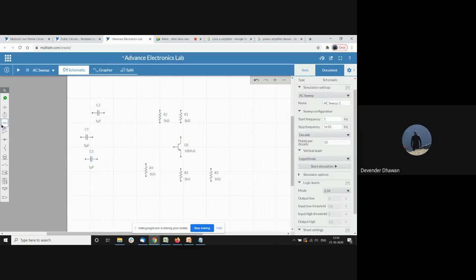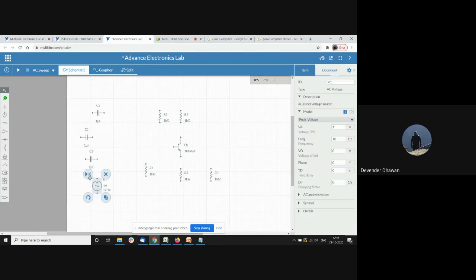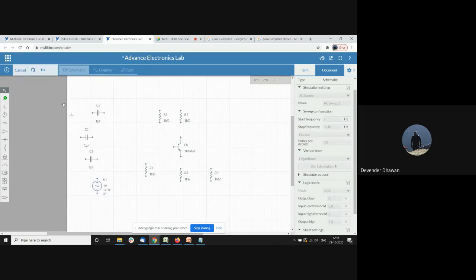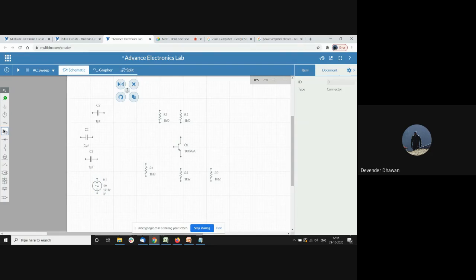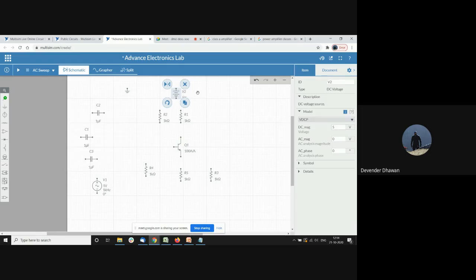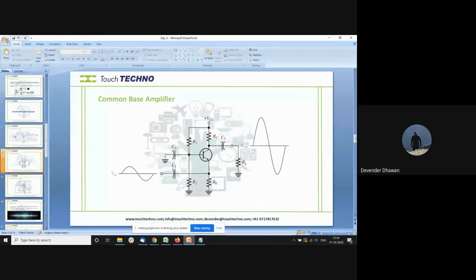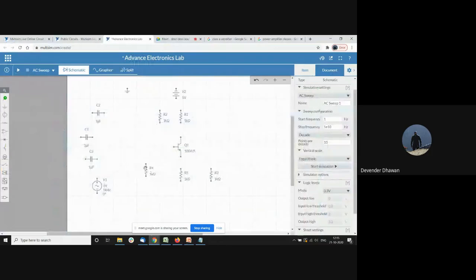So this is what I need. I will need one input source and obviously ground and my DC biasing also. Okay, now just look at the circuit. Here are my bases connected over there. Okay, let me just quickly connect all of these.